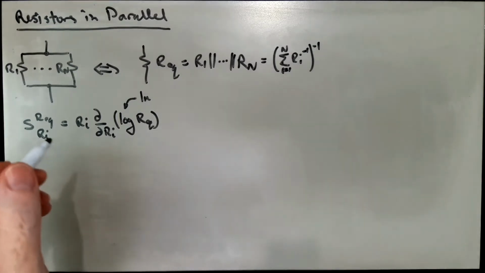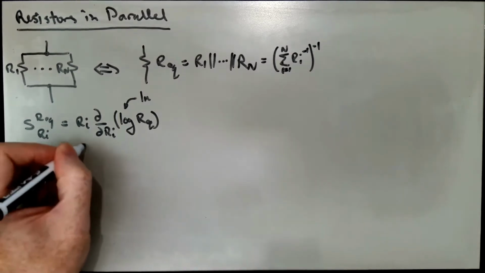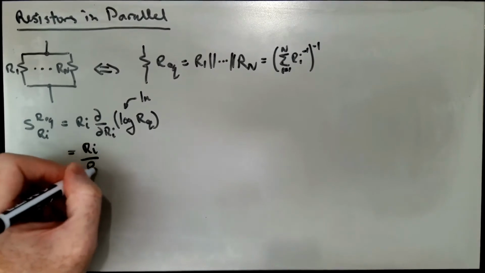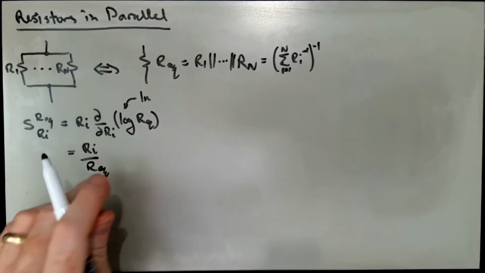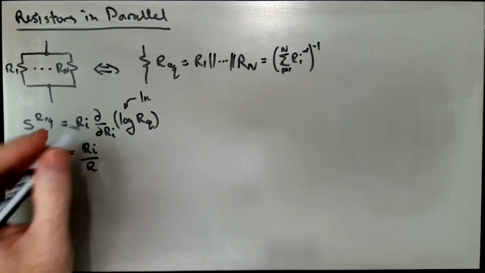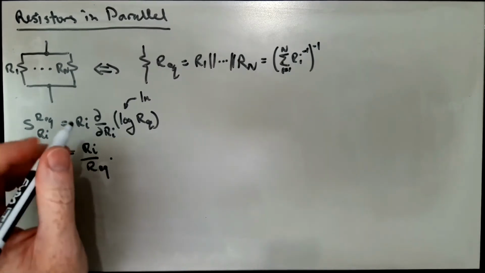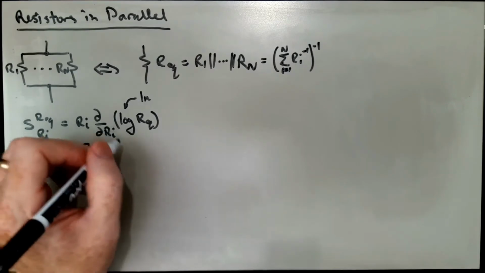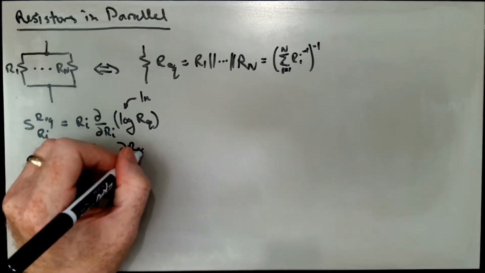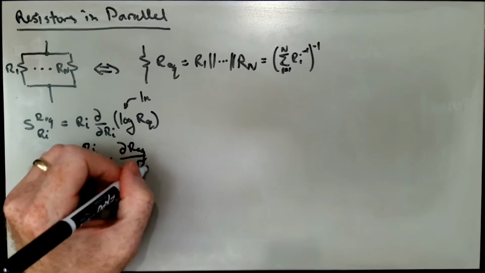But taking this out one step, this is Ri over Req, because the derivative of log Req is 1 over Req times dReq/dRi.